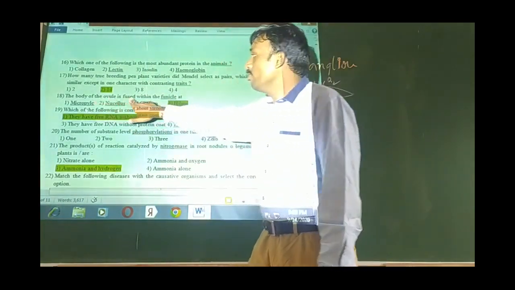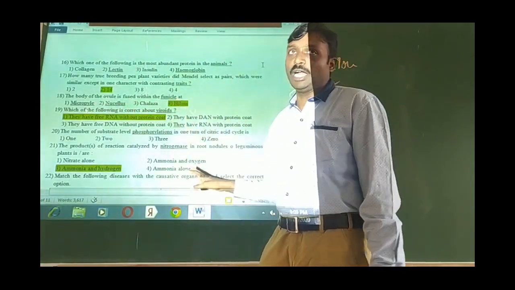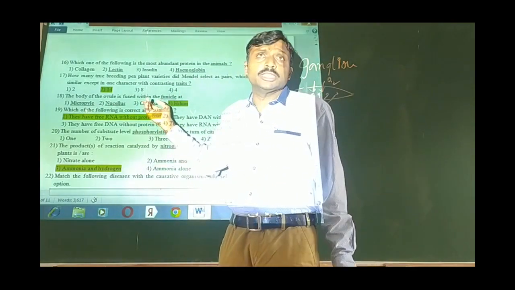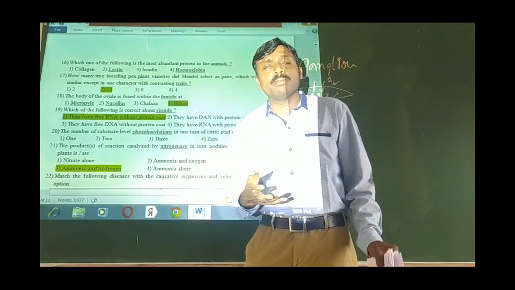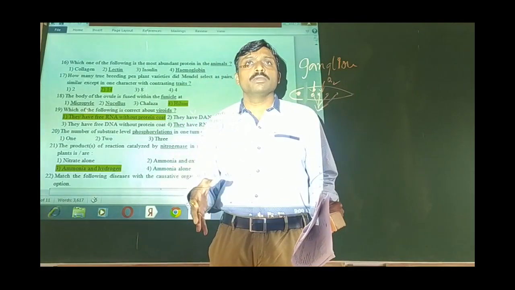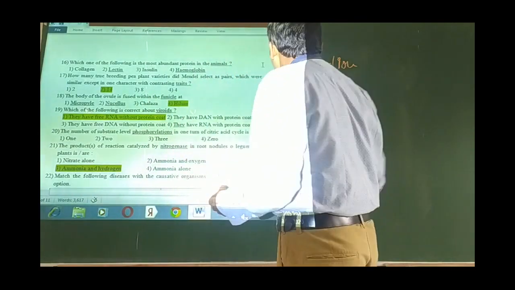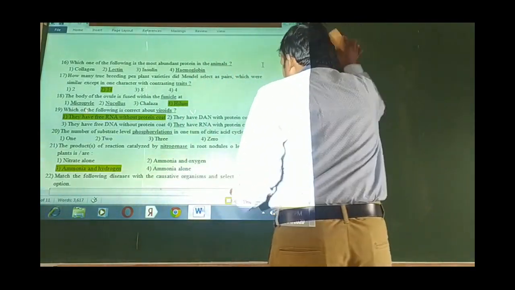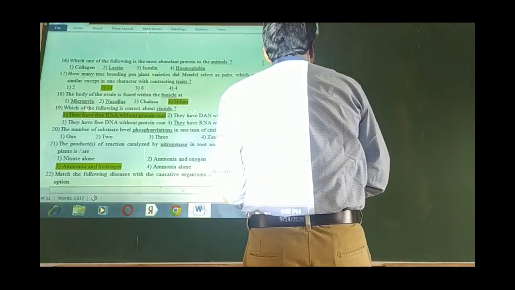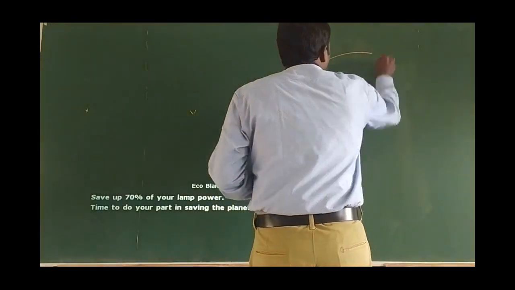The body of the ovule is fused with the funicle at the... Again, this is from sexual reproduction in flowering plants. If you remember the parts of the ovule, let us say this is the placenta.